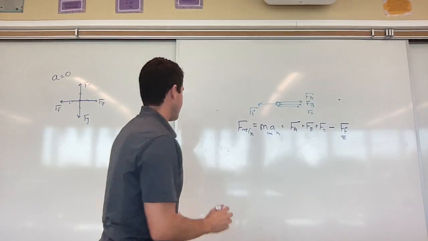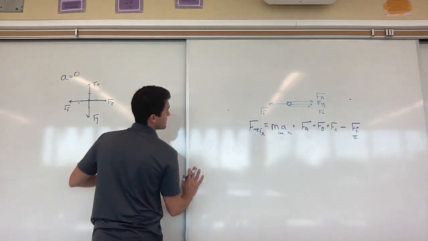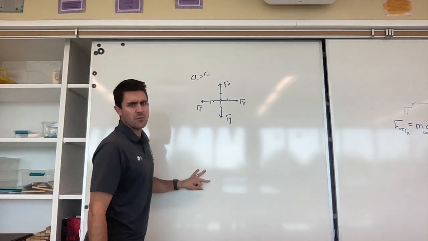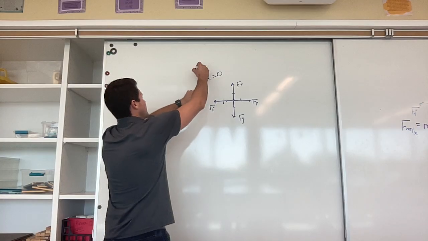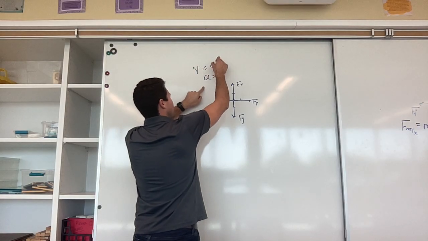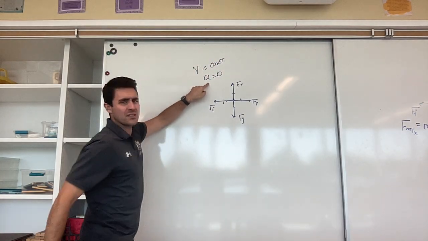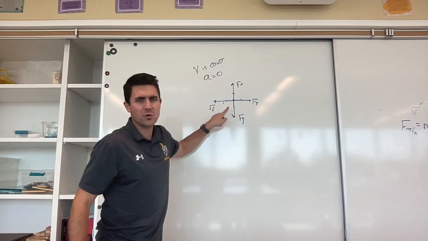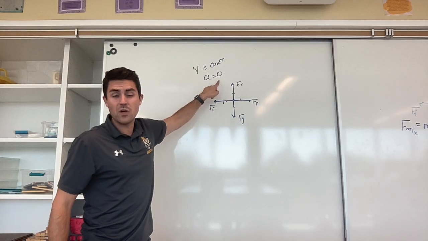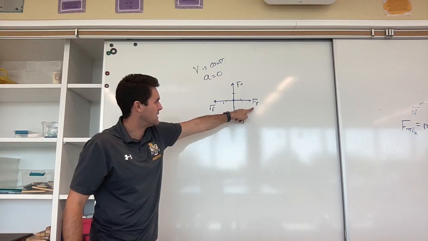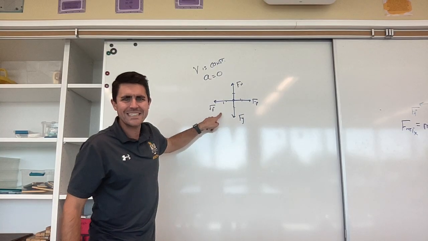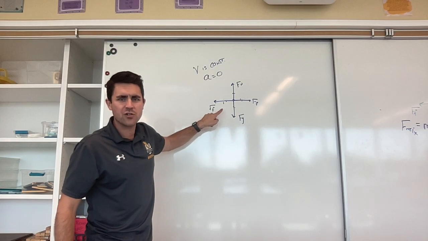Here's the method. If I push something at a constant velocity, or zero acceleration, we can say V is constant. That means the forces are balanced, because acceleration is zero, so net force is zero. So if I push at a constant velocity, my push force is equal to my friction force.